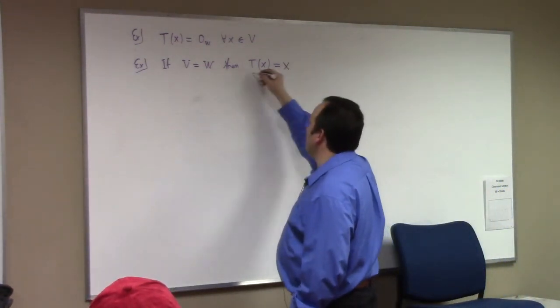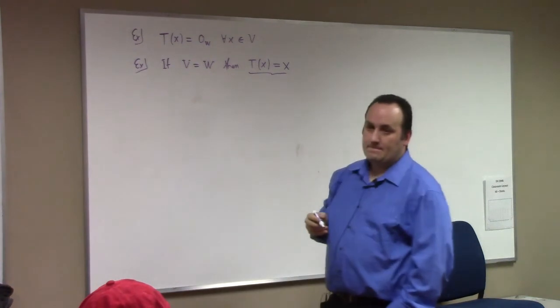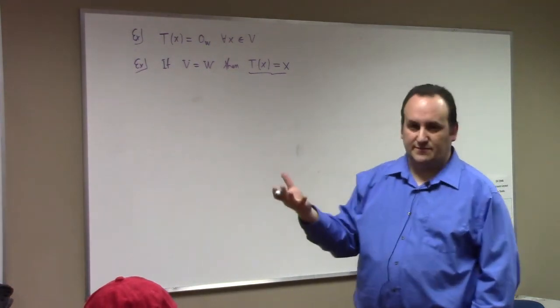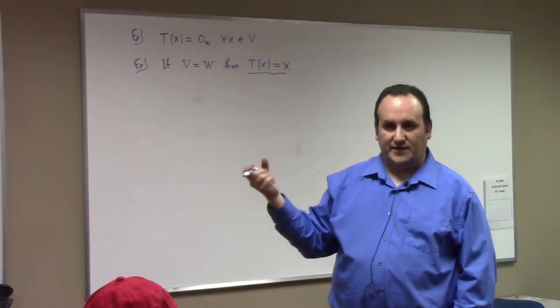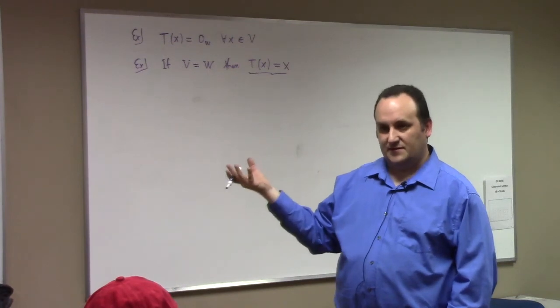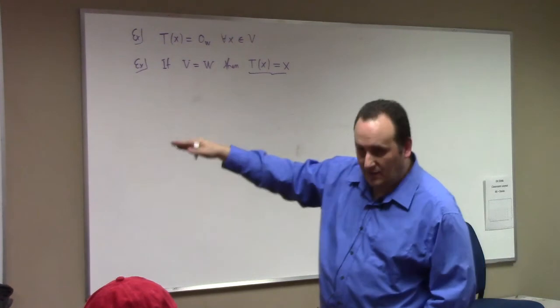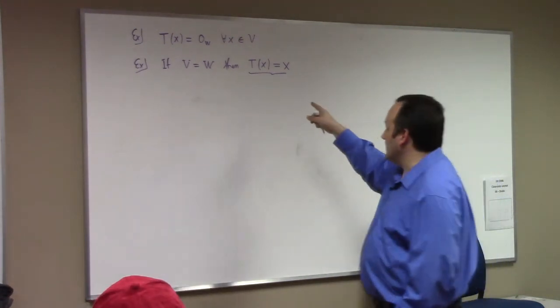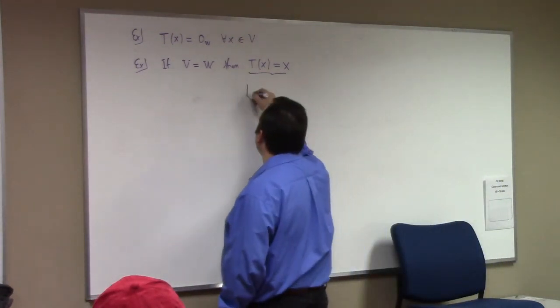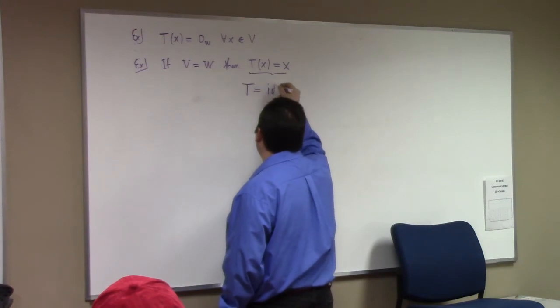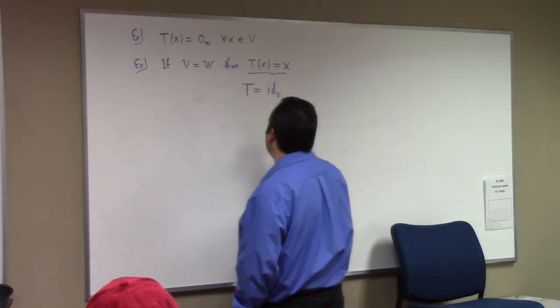Would this be a linear transformation? If you look at T(x + y), that would give you x + y, which would be T(x) + T(y). It's additive. Can you pull a scalar out? It's easy to check 1 and 2 hold for this. This, of course, is called the what? T is called the identity map on V, right?